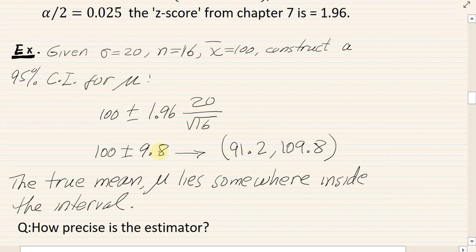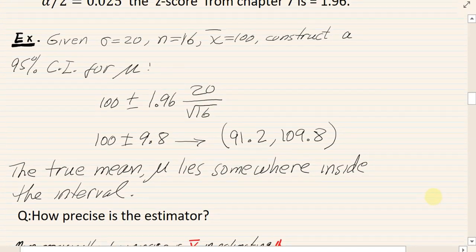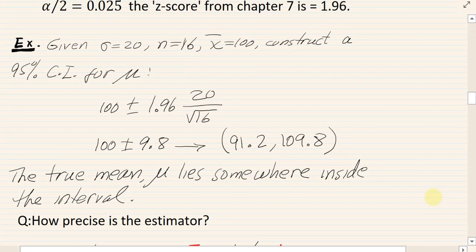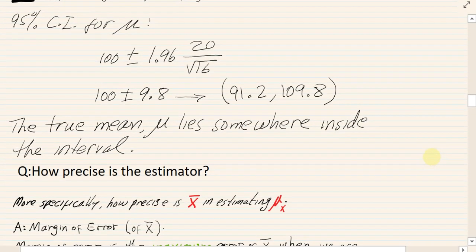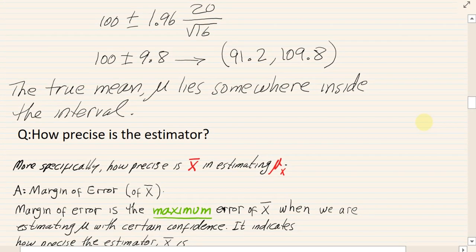Now, before we go to Megastat, let's take a look at another idea. The question might be, if I'm using x bar to estimate mu, how precise is this estimator? We gauge how precise or accurate the estimator is using what we call the margin of error. So what is the margin of error?